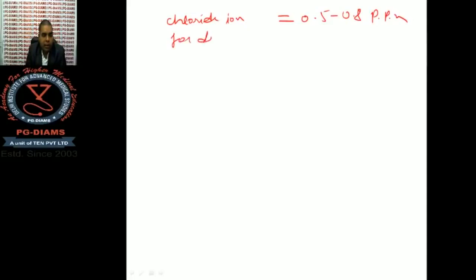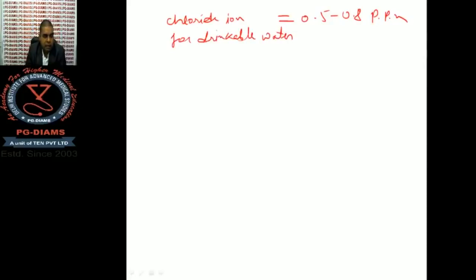There are two more questions related to chloride ion. First is chloride ion concentration for normal water is 0.5 to 0.8 ppm for drinkable water.